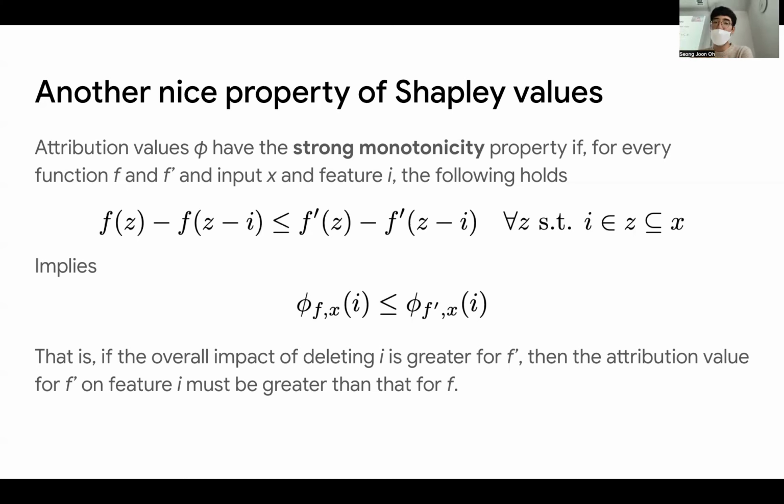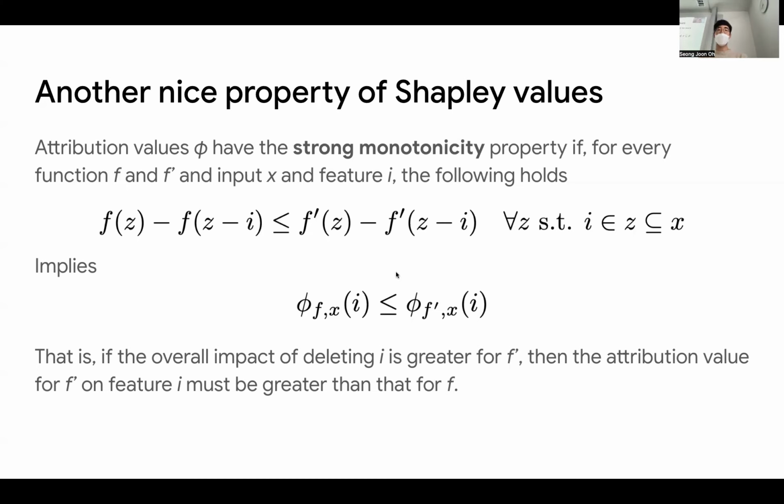So the contribution of I is stronger for f prime. If that happens, then the Shapley value for feature I for f prime should be higher than the Shapley value for feature I for f. Okay, so if a function is valuing this pixel a lot, then that should be reflected in the Shapley value as well.